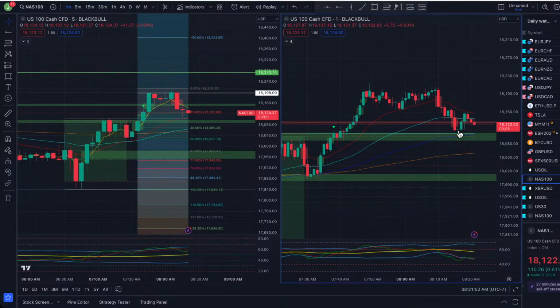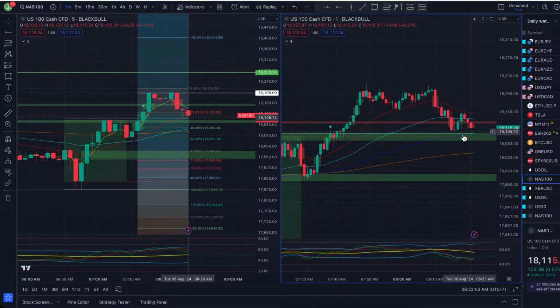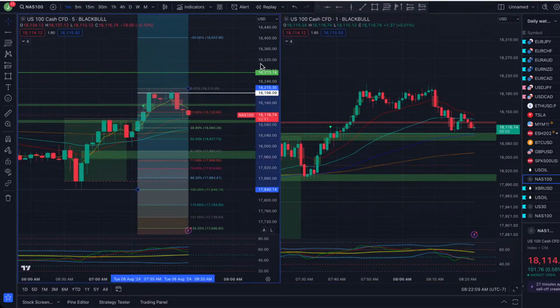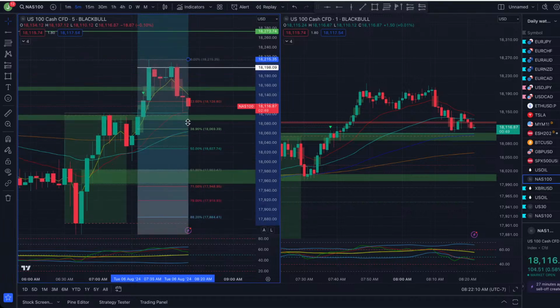That's the low, no fair value gaps yet. That's the top of the range. So this candle might take a deeper swipe.